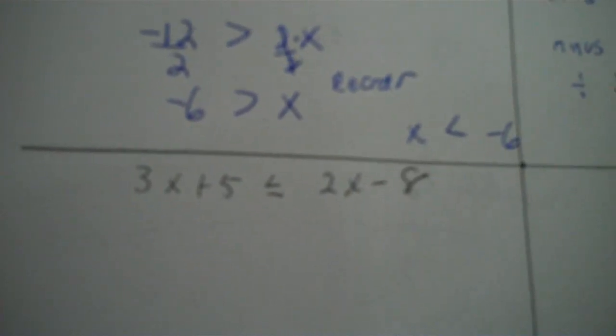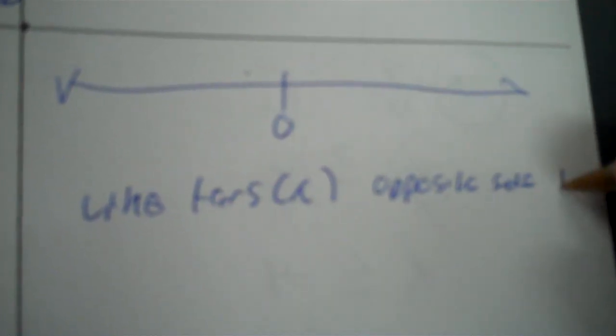Okay, next problem. 3x plus 5 is less than or equal to 2x minus 8. Okay, so you have like terms of x. They're on opposite sides of the inequality. You can check on the sign, meaning you don't have to flip it.